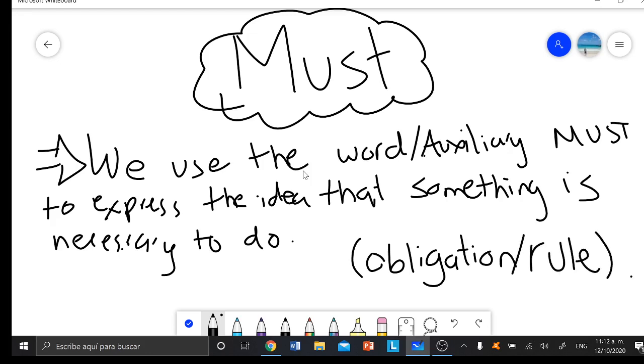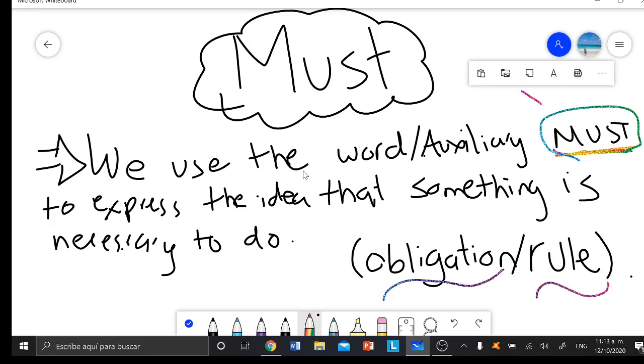One more time, it's telling you, we use the word or auxiliary must, utilizamos la palabra must to express the idea that something is necessary to do, para expresar la idea de que algo es necesario de hacer. Prácticamente esto envuelve una obligación o una regla. Must in Spanish pretty much means deber.